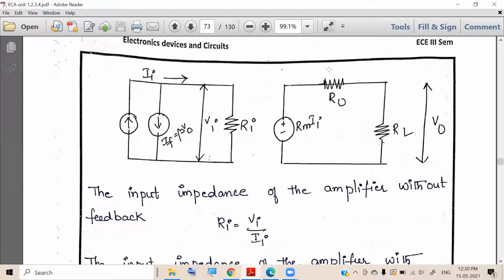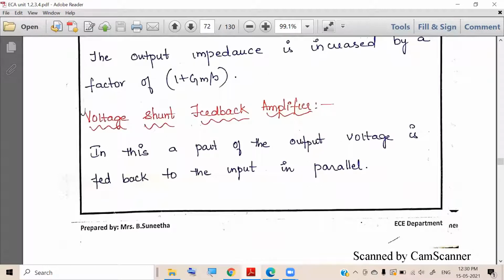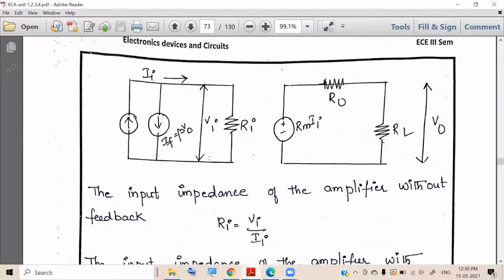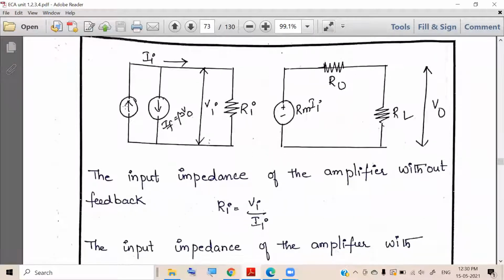So this is simply the trans resistance amplifier we are representing. Then we attach load resistor RL. As discussed, input is represented in terms of current. The current through Ri is Ii, the feedback current is If, and this is Is.